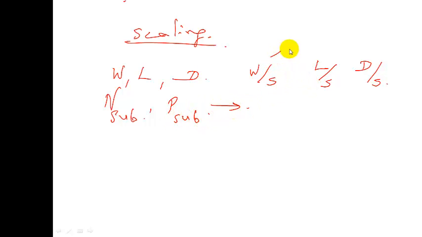Because the feature sizes got reduced, we would not want the strength of current to reduce.